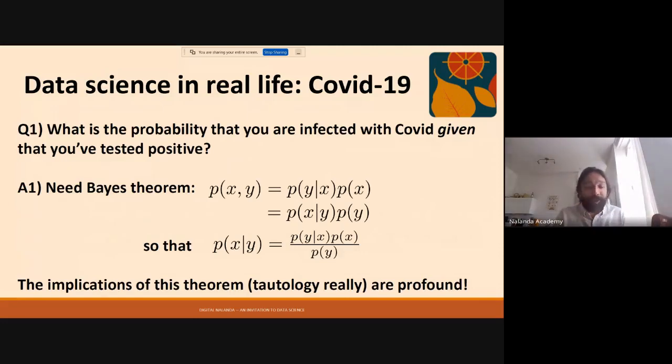It's just saying if two things happen, then either this has happened given that this has happened, times the probability that this has happened, or vice versa. And if they're independent, the probability of X and Y happening is just the product of the individual probabilities.